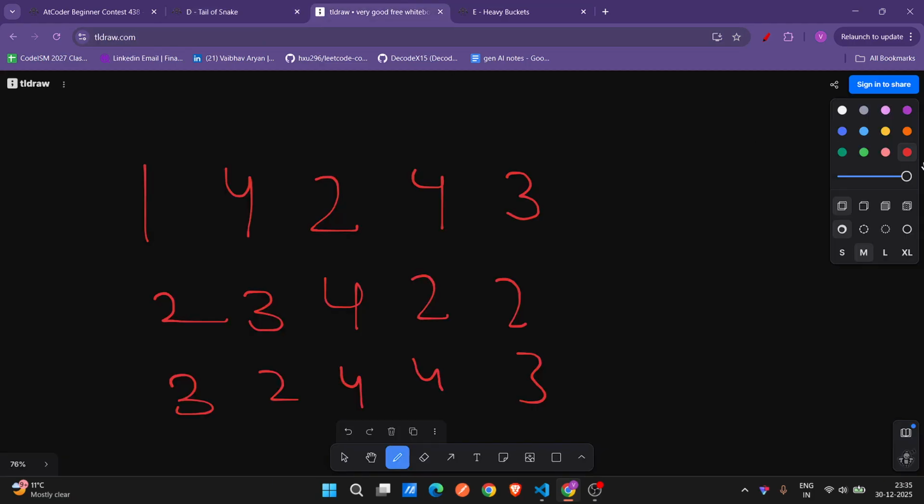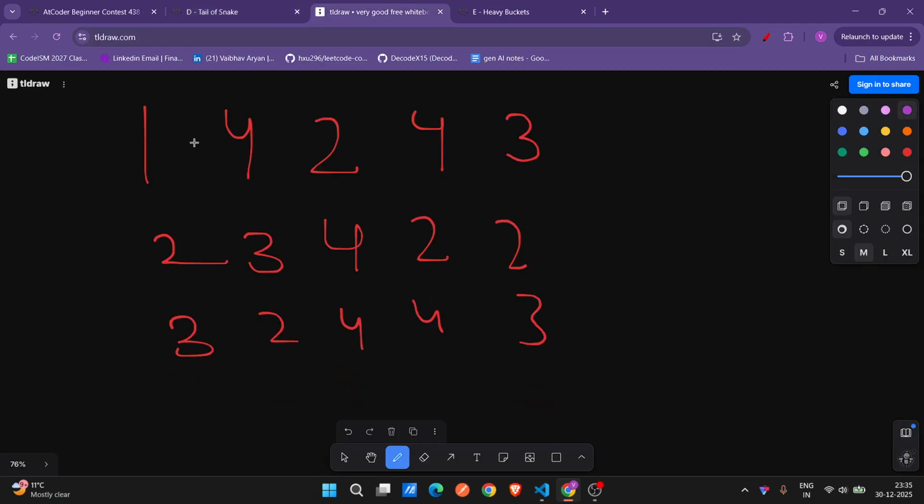Now see, right now you have this one. Suppose you are thinking to take an array from here to here, then you cannot pick this element. Or suppose you take only this element, then you can go here.